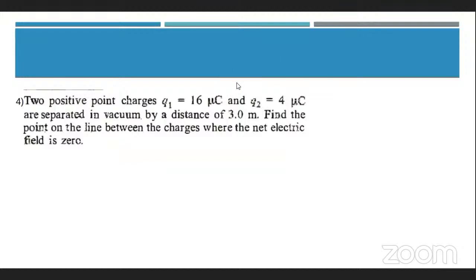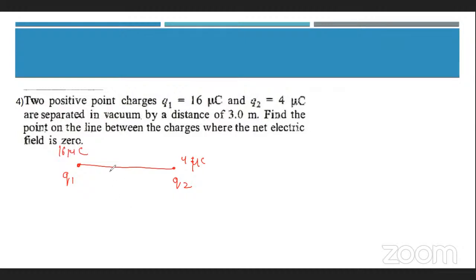1 meter from 4 microcoulomb. For example, if I have a situation, imagine that this is Q1 and this is Q2, so this is 4 microcoulomb and this is 16 microcoulomb.